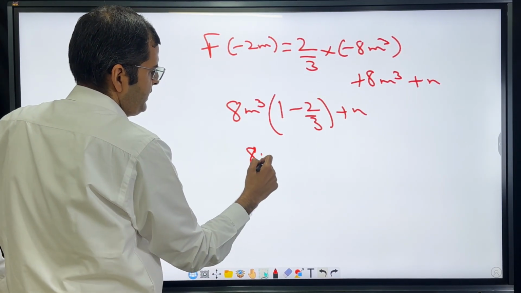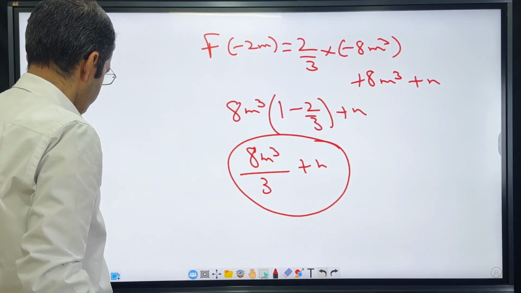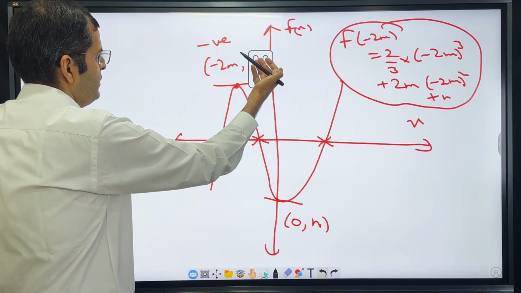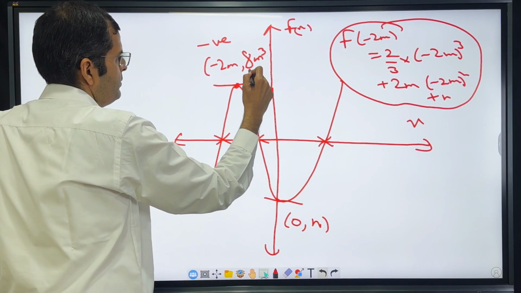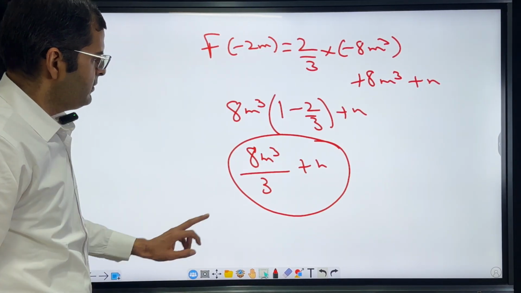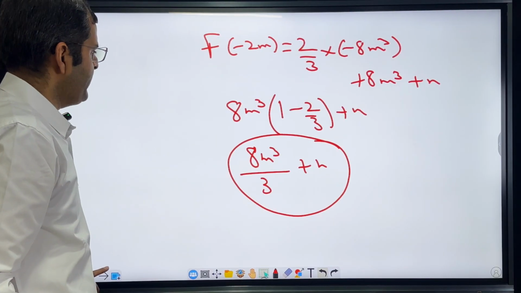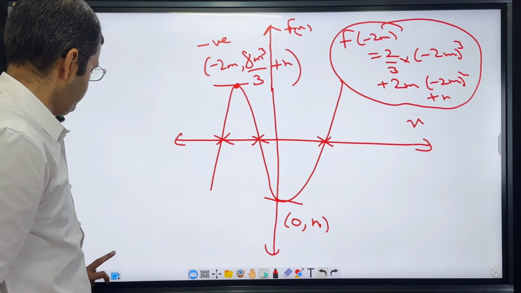So this is 8m cube by 3 plus n. So this coordinate is 8m cube by 3 plus n.